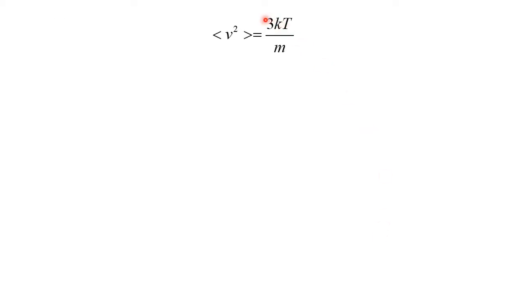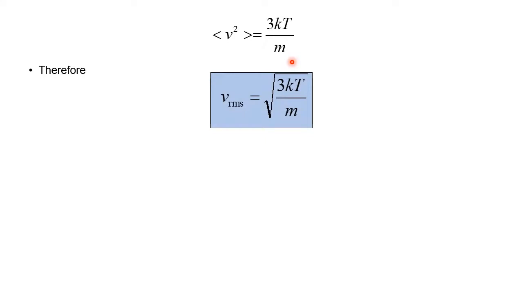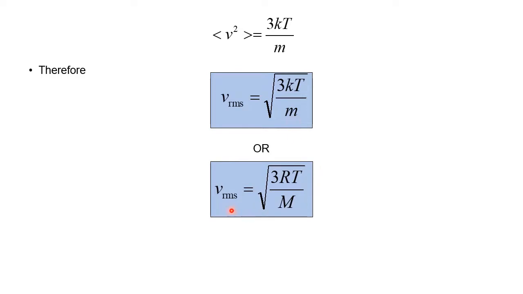Therefore, v_rms equals square root of 3kT over mass, and v_rms equals square root of 3RT over molar mass. So equation ni boleh je pakai mana-mana satu untuk cari v_rms.